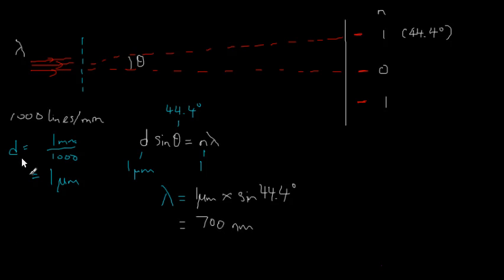Let me write this down. The wavelength of red light, let me just use red color, is 700 nanometer. Now let me look at another example where instead of red light, I have violet light.